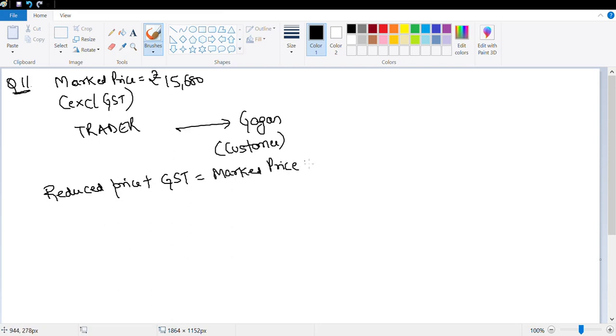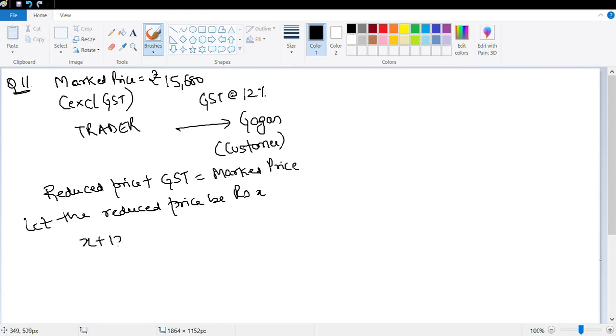That's a simple equation. Let the reduced price be rupees x. So in this equation, x plus GST, how much is the GST rate? GST at the rate of 12%.